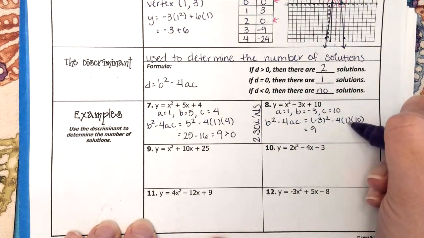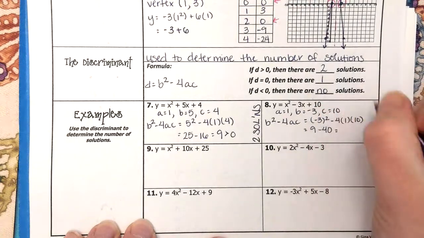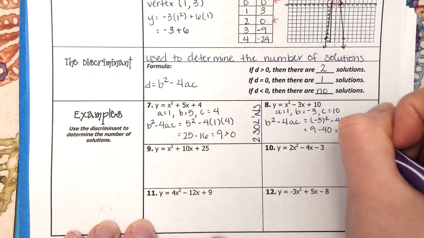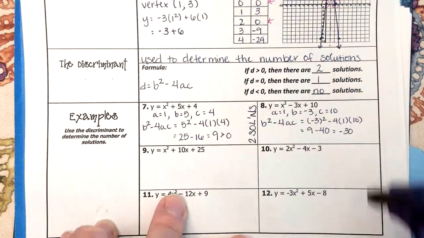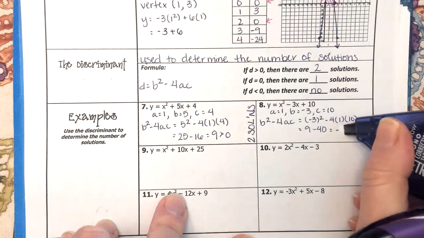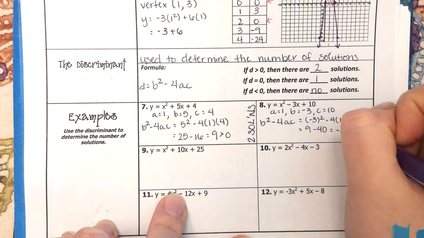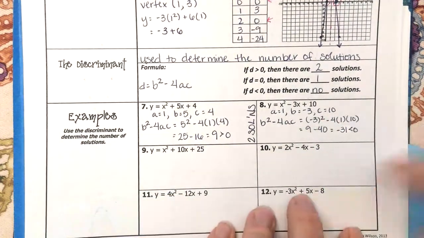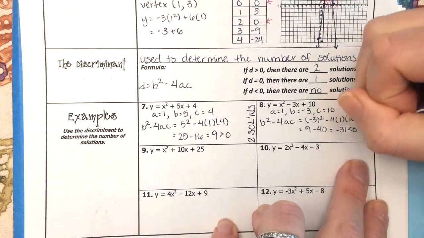Negative 4 times 1 is negative 4, times 10 is negative 40. 9 minus 40 is negative 31. Negative 31 is a negative number. It is less than 0, so that means this problem has no solutions.